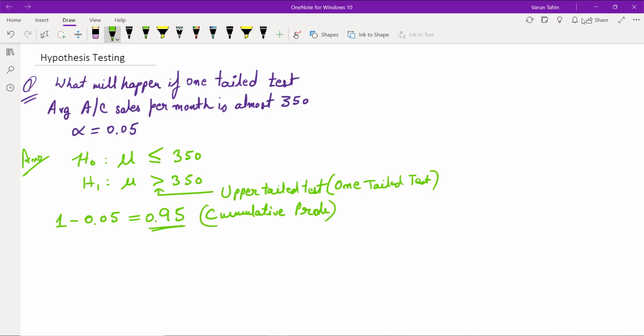Now in the Z table, to find the probability you need to know the Z score, but if you know the probability, then you can also find the Z score. We have done this in the previous question also. Now if you look at the Z table, you will find that 0.95 is not present as a cumulative probability in the Z table. Thus, we will need to find the two nearest values and take the average.